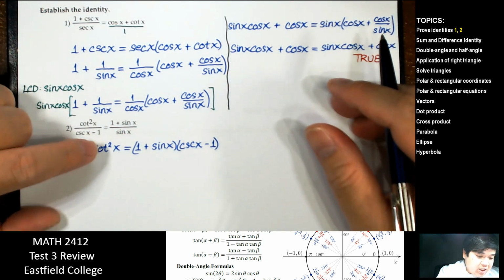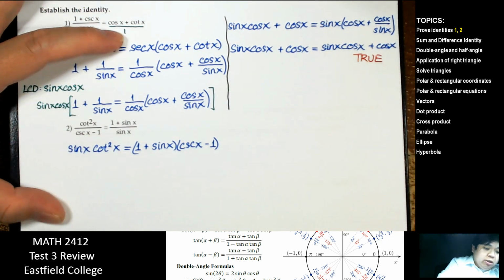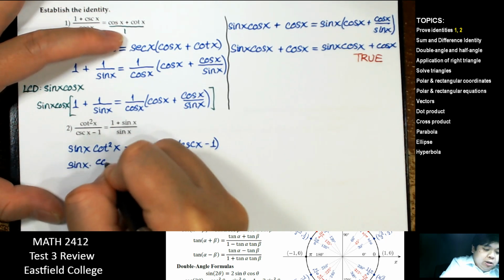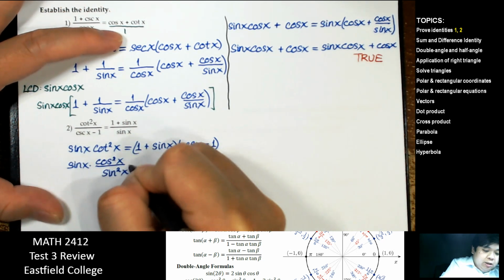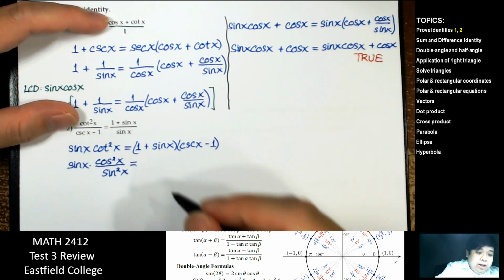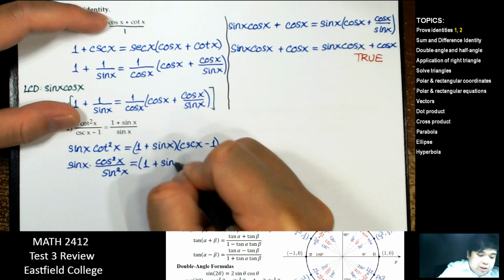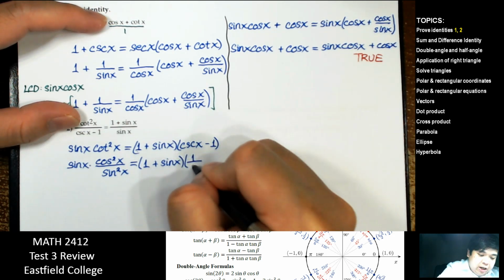Now we still have that to be converted to cosine over sine. So we have sine x cosine square over sine square. We will multiply later because cosecant x is 1 over sine x.